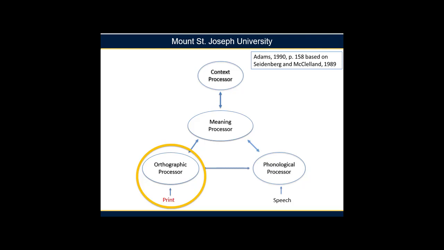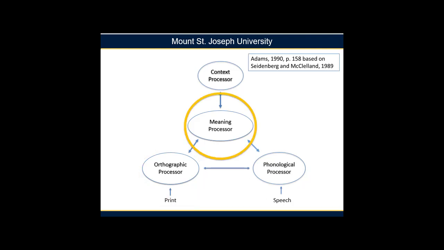If the letters or letter sequences are familiar, we associate them with sounds and meaning, the influence of the phonological processor and the meaning processor. It stores information about print that is necessary for word recognition and spelling. Children with orthographic processing concerns are prevalent in the population of children who struggle to learn to read and spell.